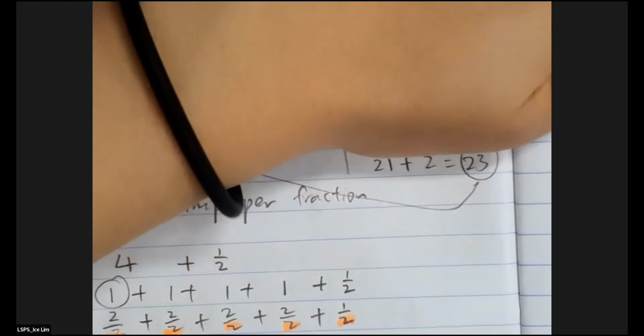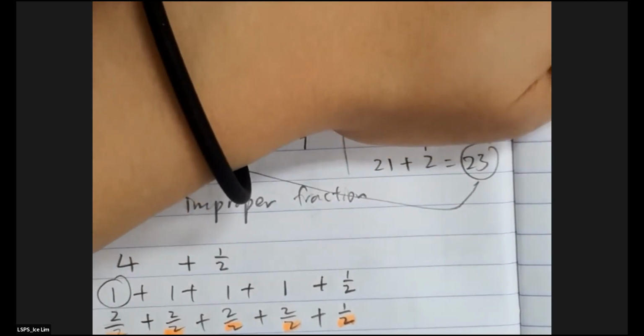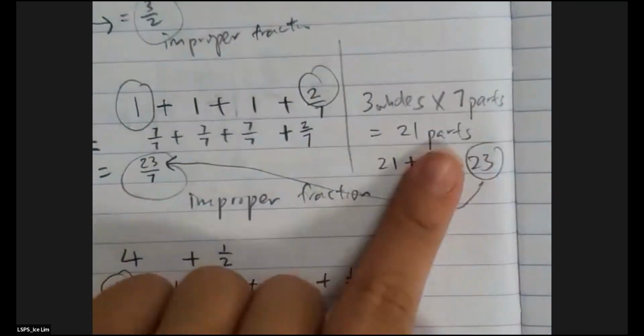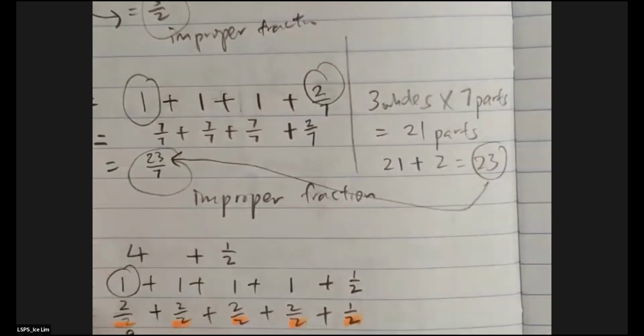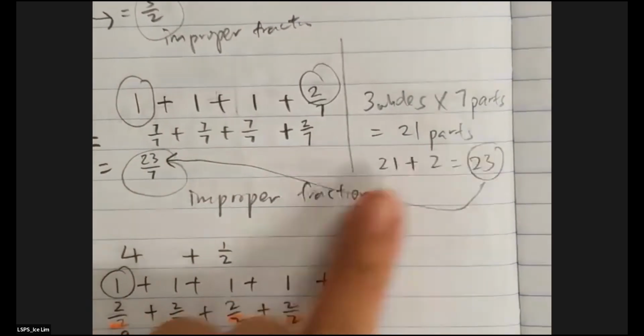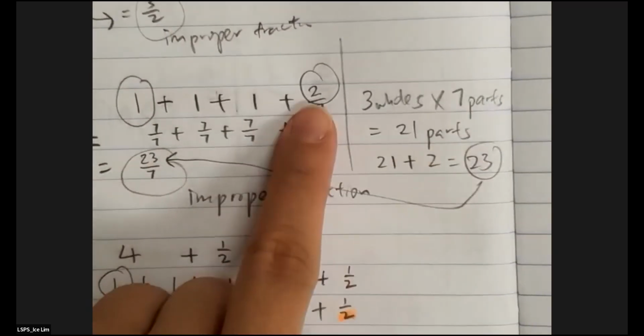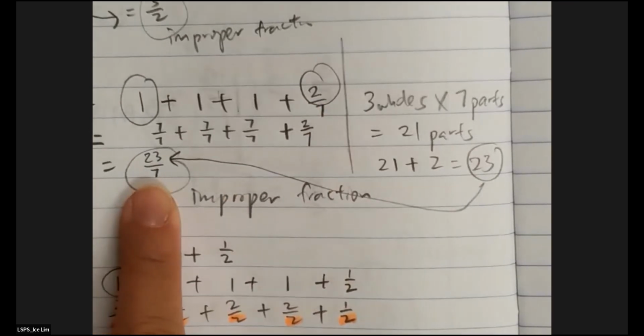This equation doesn't make any sense. But if you want to explain it correctly, I've got 3 wholes times 7 parts for each whole. I got 21 parts. 21 parts plus the 2 extra parts here, I got 23/7.